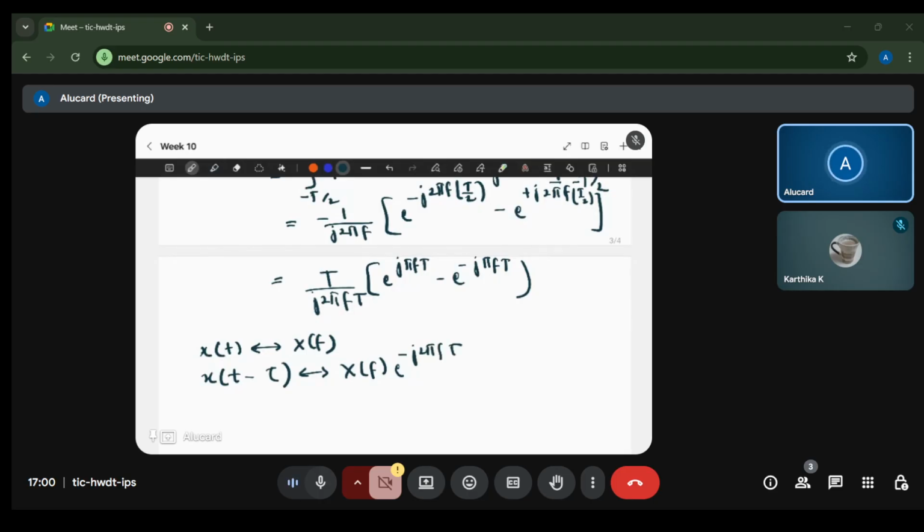So time shift corresponds to a phase change in the frequency response. So shift in the time domain is equivalent to a phase change, because this factor does not change the magnitude of the frequency response. It only changes the phase. You combine these two things and find out the answer.